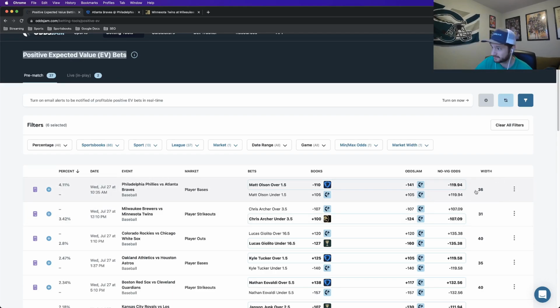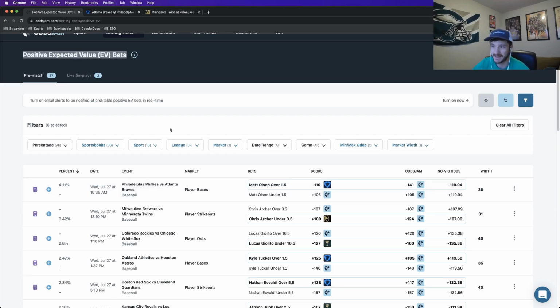The logic is that the closer these two numbers are together, the more confidence in what OddsJam is pricing these lines at. We can measure that by subtracting the difference between these two numbers: 41 minus 5 equals 36. This one has 36 cents in market width.